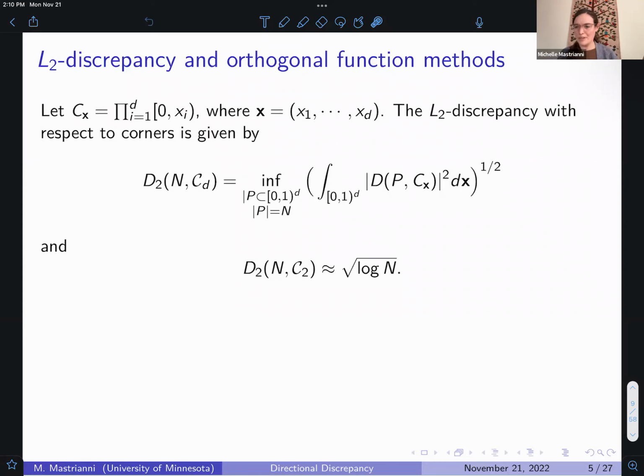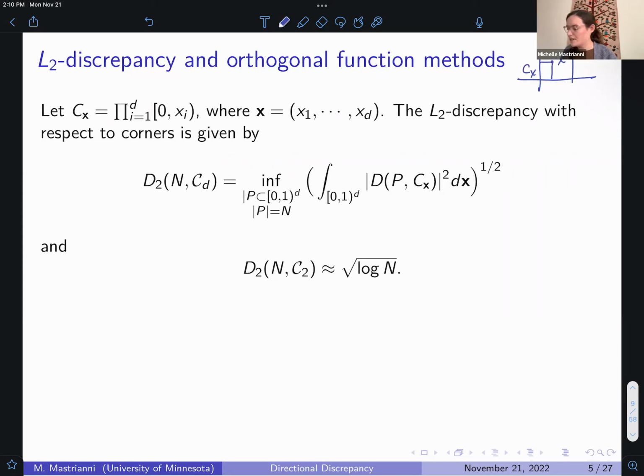In the discrepancy of a point set, we're taking a supremum over all sets in our class of sets. But if instead we take a particular average, for corners there's a really natural way of doing this because, for example, in the unit square, each point x defines a corner C sub x.